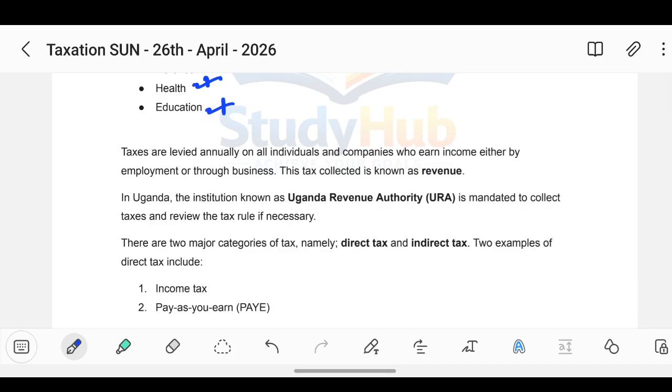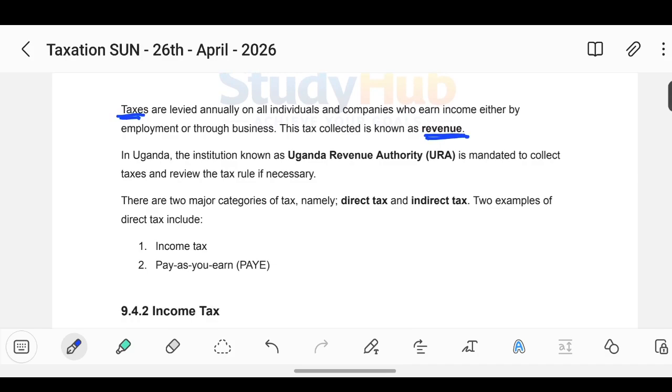So what is needed? Understand the concept, apply it in calculations, and you're good to go. So when we talk of taxes, we mean revenue. And so under this topic, we are saying that URA is the body that is responsible for collecting taxes in Uganda.